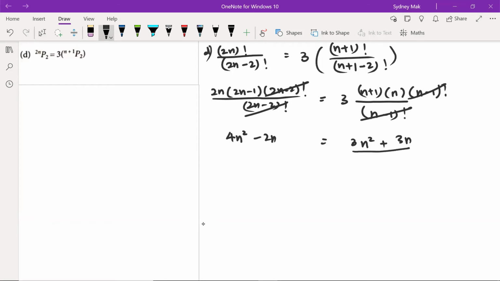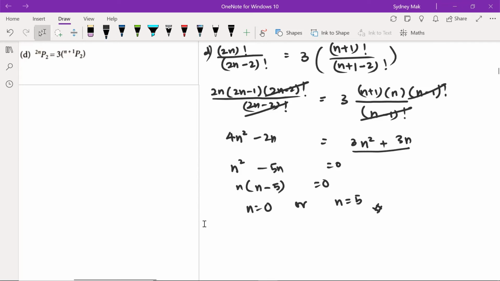Okay, let's move this side to the other side. So we have 4n squared minus 3n squared. We will have 1n squared minus 2n minus 3n, minus 5n. Therefore, n minus 5 equals 0, so either n equals 0 or n equals 5. So in this case, we choose n equals 5, not 0, because n must be greater than r.